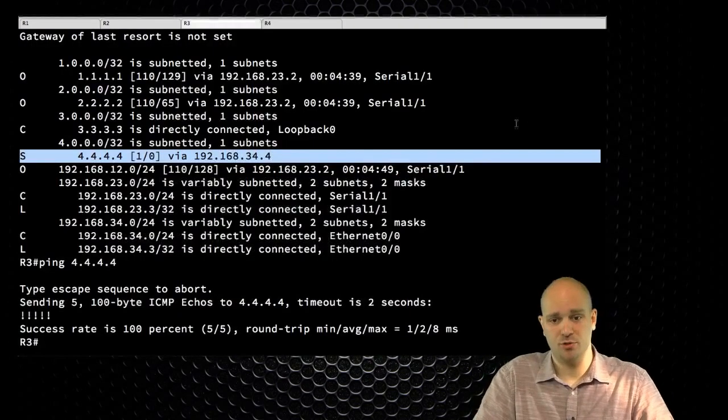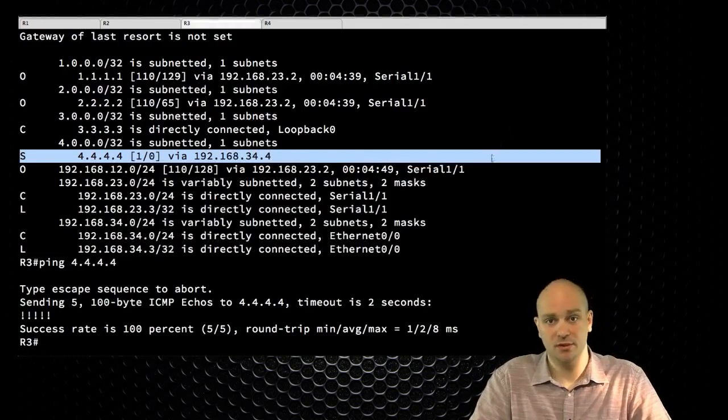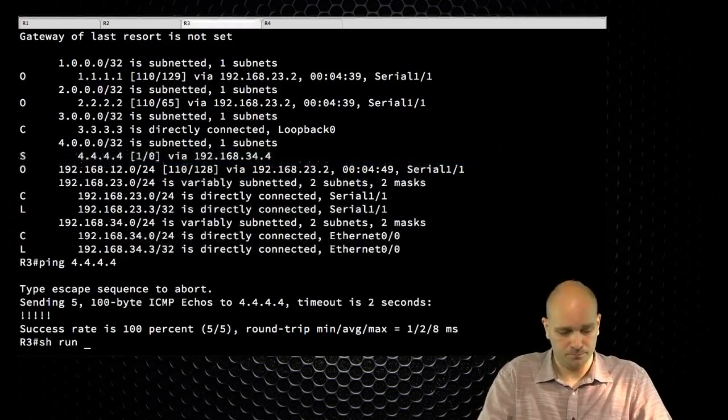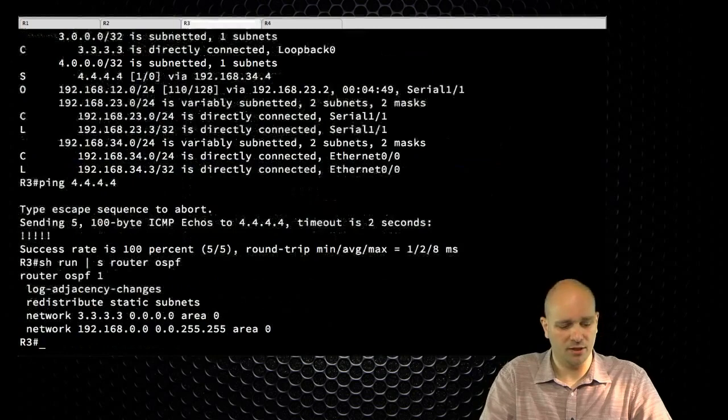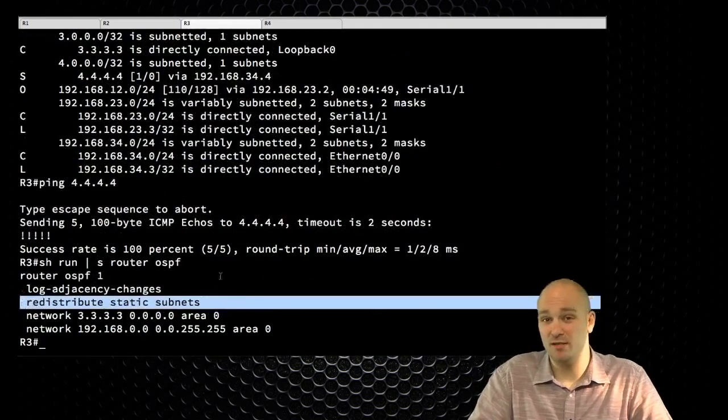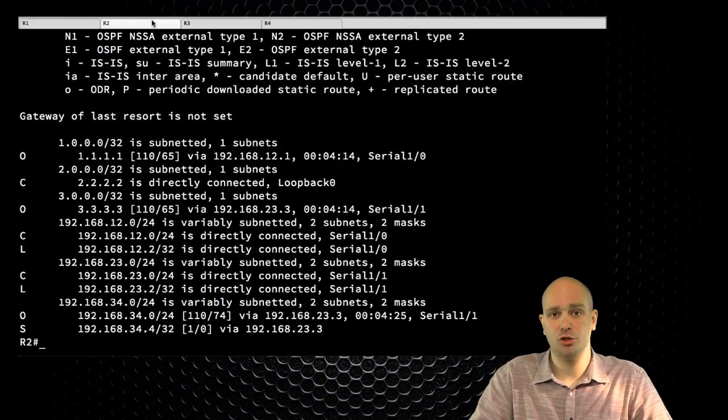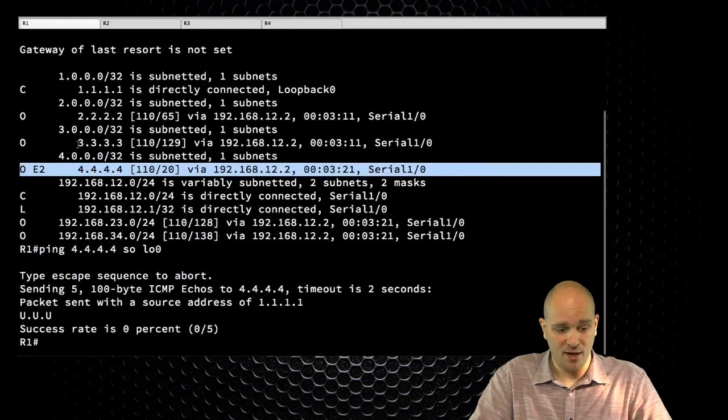So it's a natural assumption to think, okay, is R3 actually redistributing this route into OSPF? If I take a look at show run and router ospf, I can see that I am redistributing static routes. So why is it then not showing up in R2's routing table, but it is right here in R1's routing table?